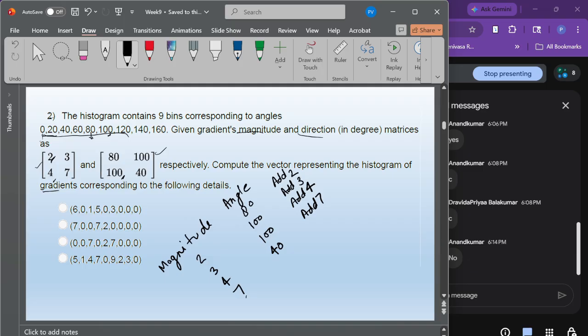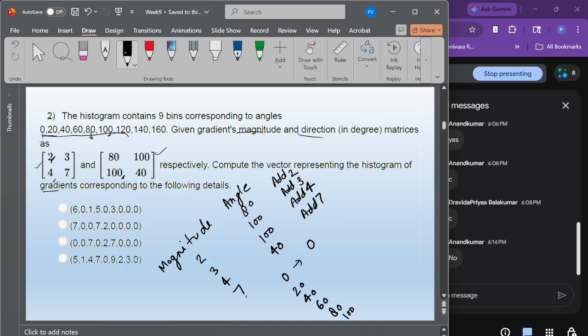So we will write it here. First is 0 angle, then 20, then 40, 60, 80 and 100. At the 0th angle, no gradient or magnitude is given, so it will be 0 only.